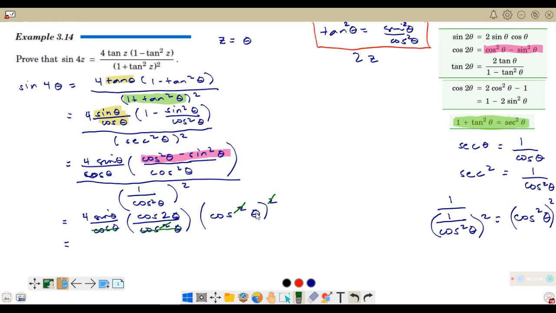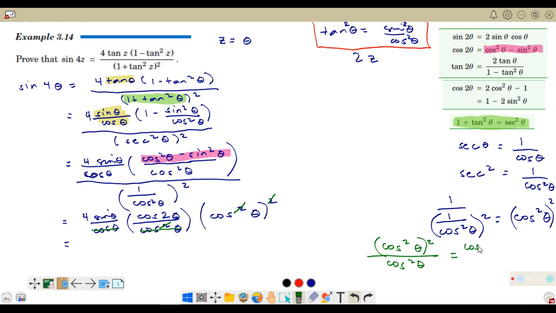Pasimplihin ko to ha. We have cosine squared theta squared. Dito siya nanggaling. Bakit natin siya kinancel out? If you are going to divide it by cosine squared theta, yung nandito, ilan yung total na cosine squared theta dito?